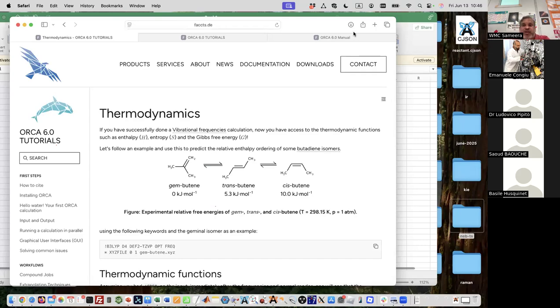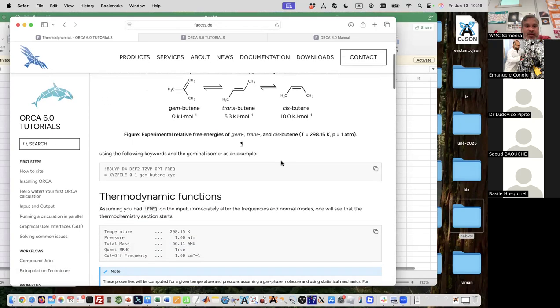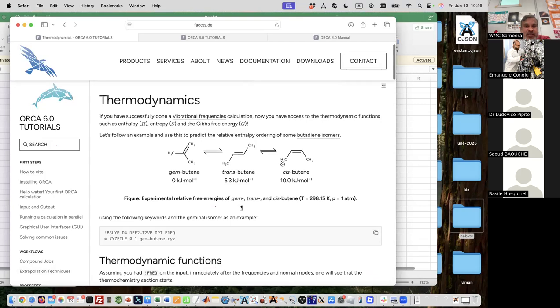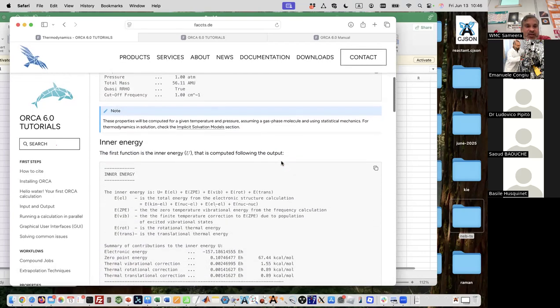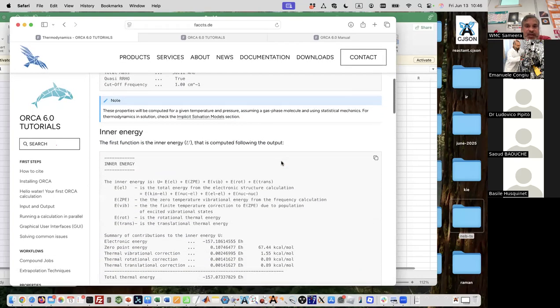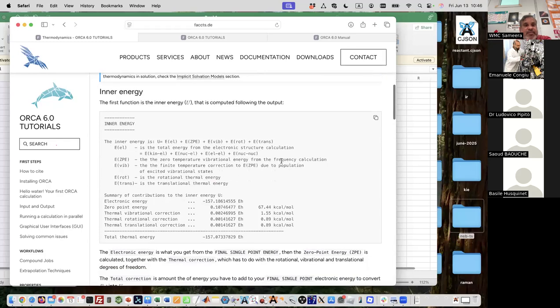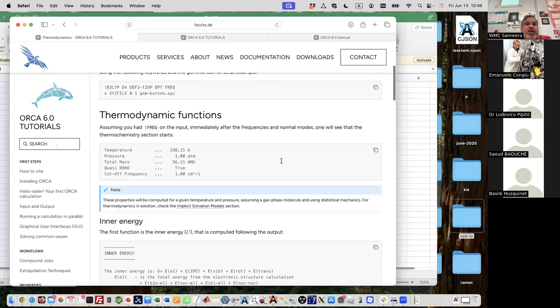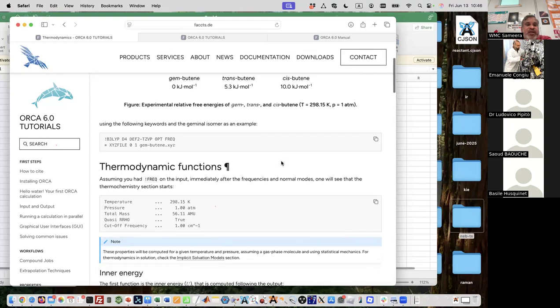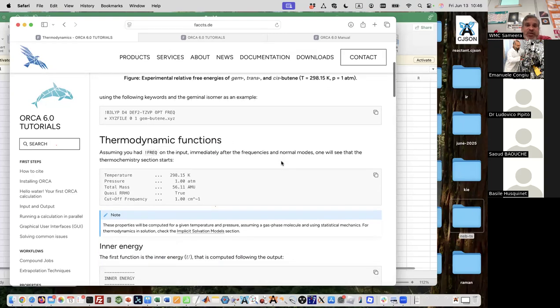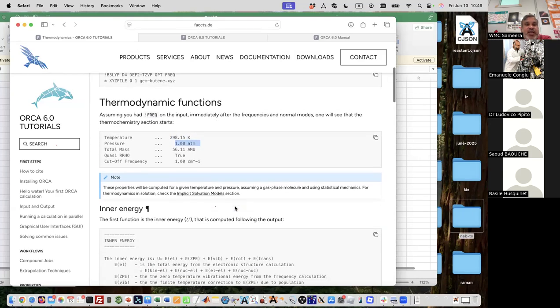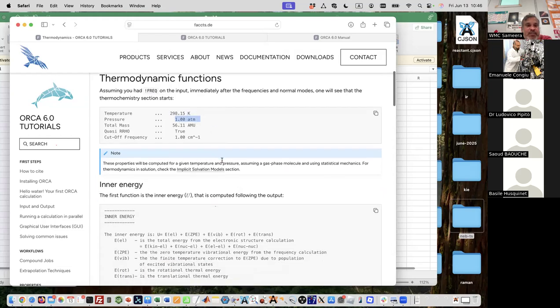It's a different tutorial, but you can also try this example, but let's use our present data to get the reaction barrier. If you run the frequency calculation, as I told you yesterday, we use standard temperature and pressure, and you can of course change it if you want.